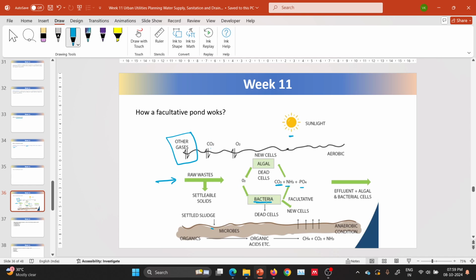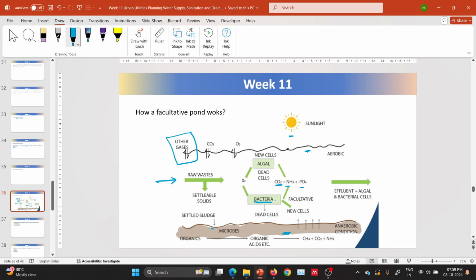These bacteria can be facultative, the bacteria present at the bottom can be strict anaerobes, and the bacteria on the surface can be strict aerobes.